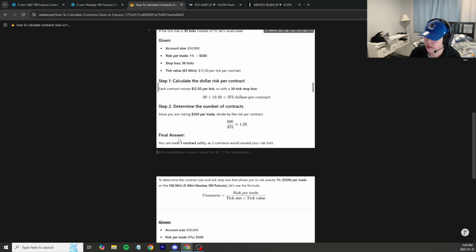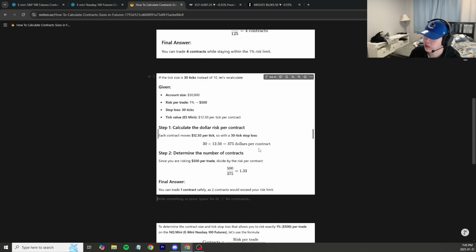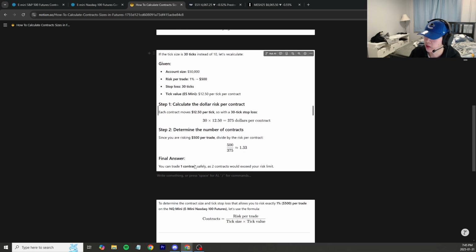Each contract is just 375. So that's the maximum I'll be willing to risk, because if I go above, that's 750, and I don't want to be risking 750, because that's over my risk percentage.